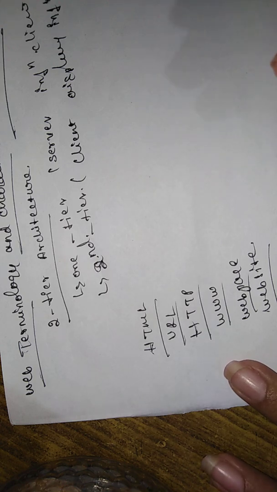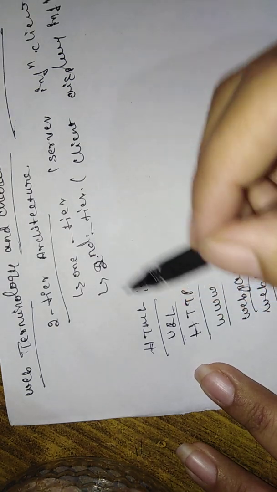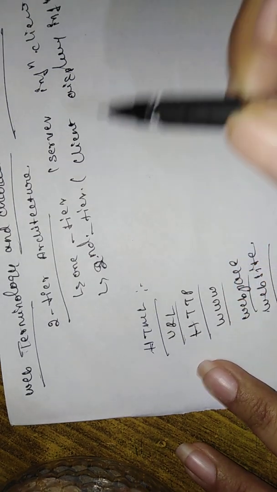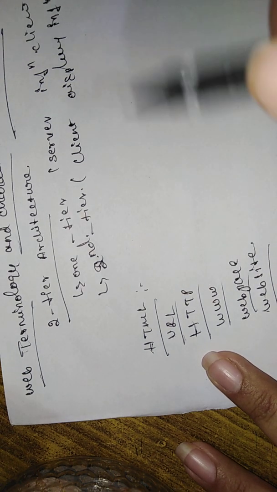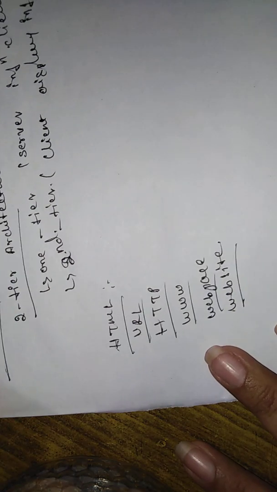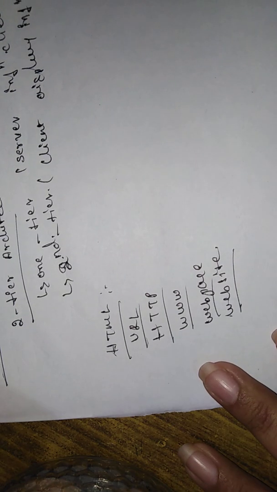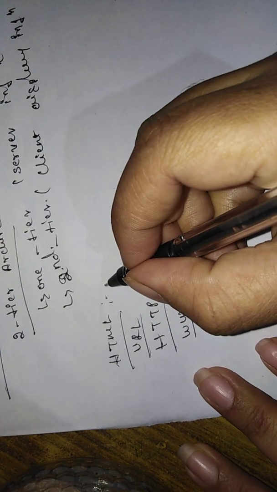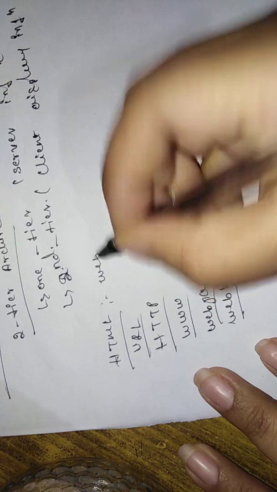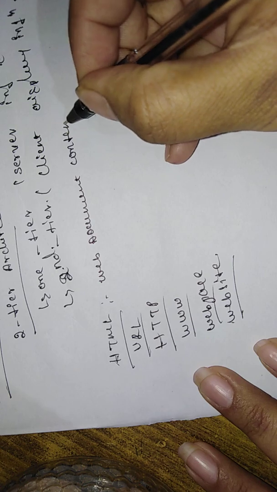The first tier serves the information to the client machine. The second-tier architecture works like the client, which means it displays the information to the user.